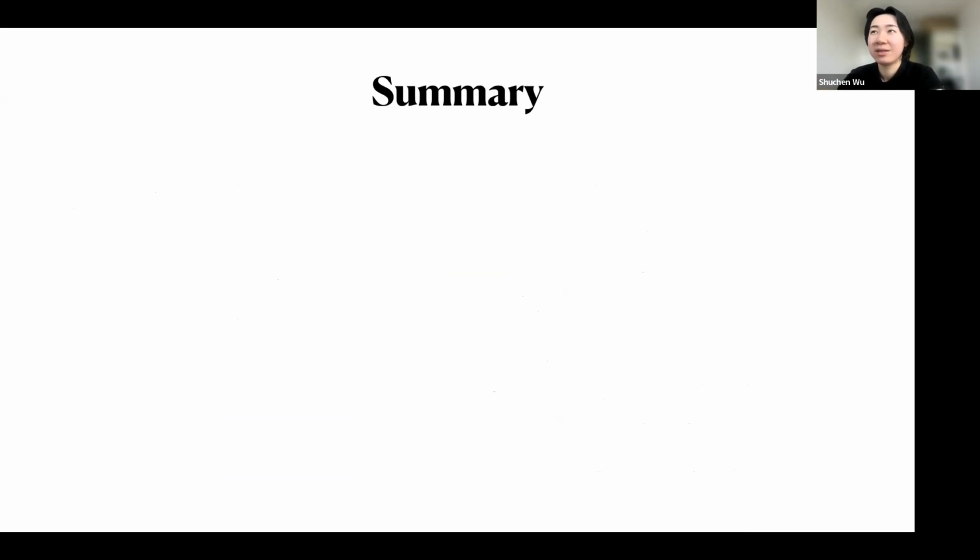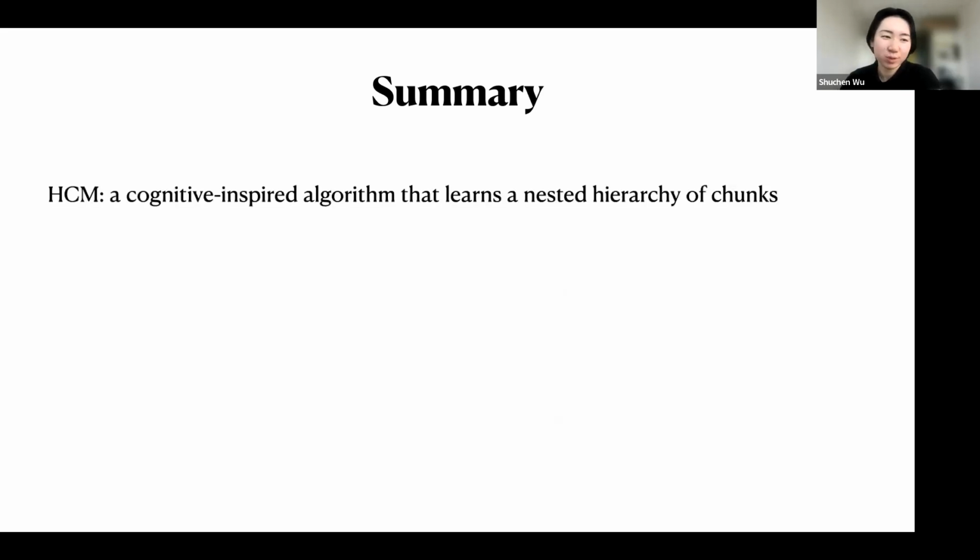That brings me to the summary, or the take-home message. We proposed HCM, the hierarchical chunking model, a cognitively inspired algorithm based on chunking, and it learns a nested hierarchy of chunks.